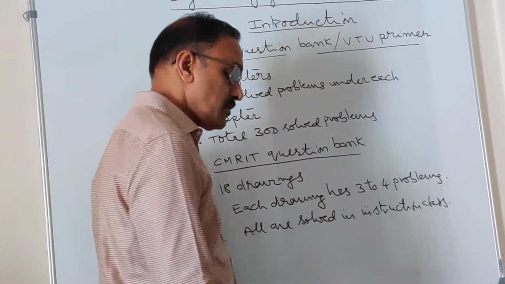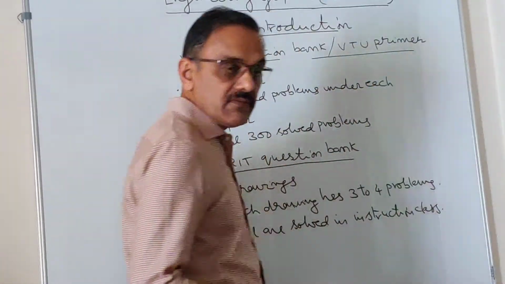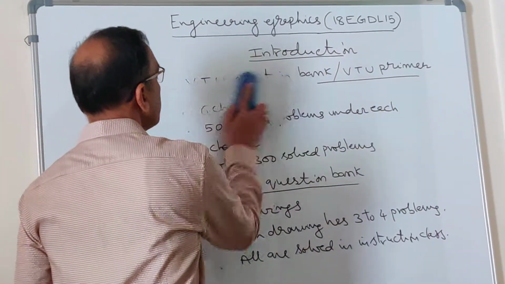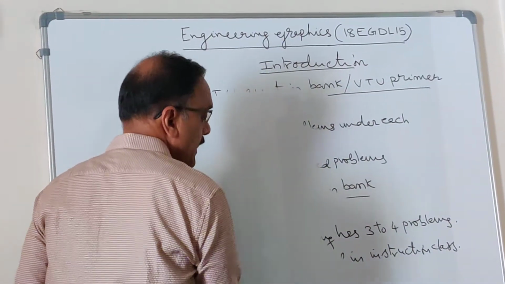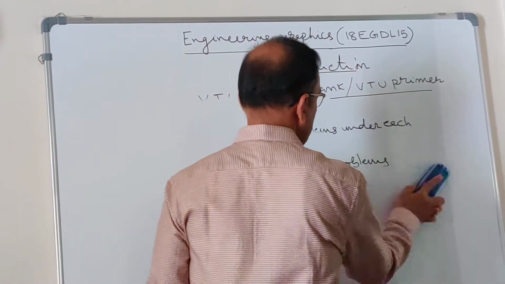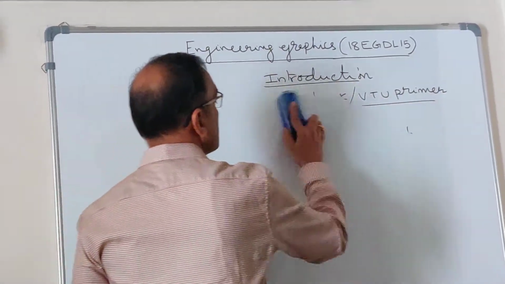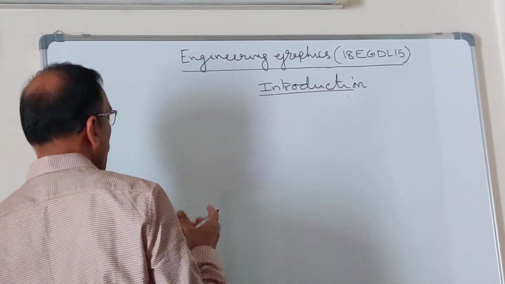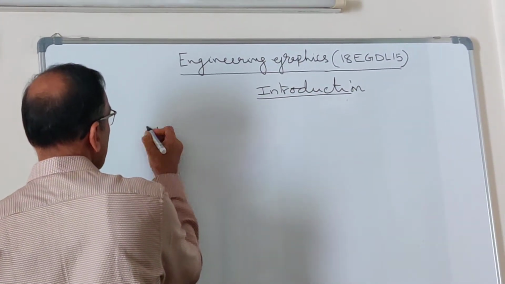Now let me tell you how the theory class will go on and how the laboratory class will go on. Let us start with the theory class. The theory class is also called the instruction class. So what do we do during your theory class?